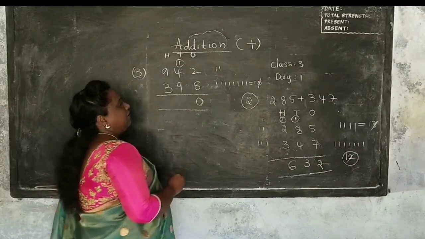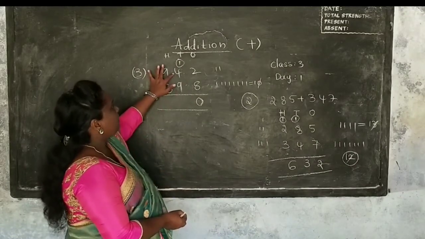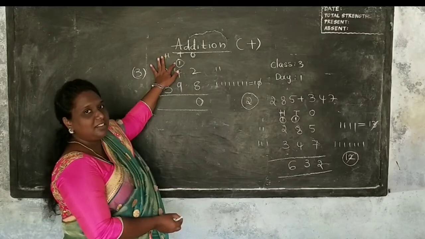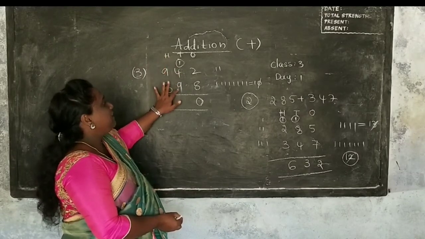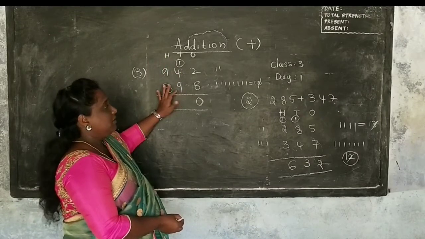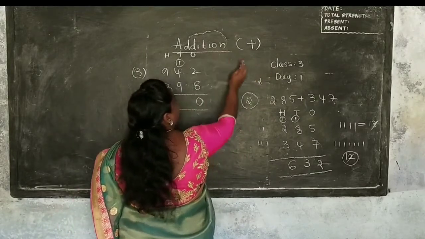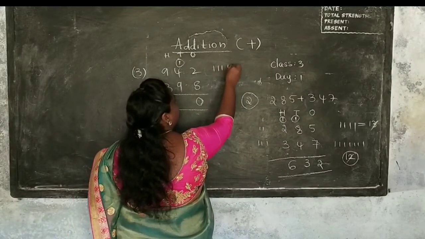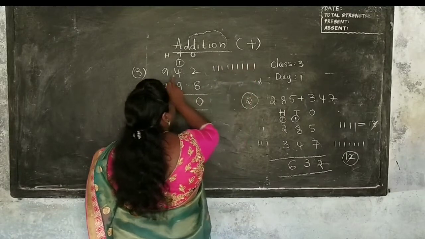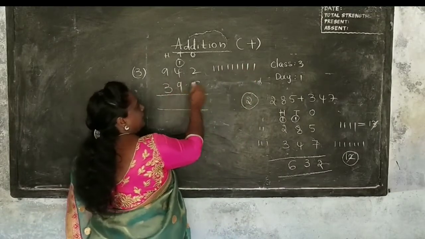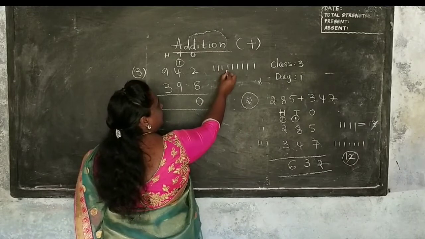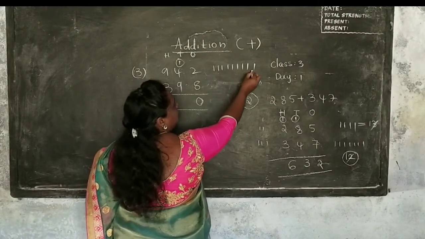So carried. Now 4 plus 1, how much? 5. 5 plus 9, have a doubt? 5 and 9: 1, 2, 3, 4, 5, 6, 7, 8, 9. 5 plus 9: 6, 7, 8, 9, 10, 11, 12, 13, 14.